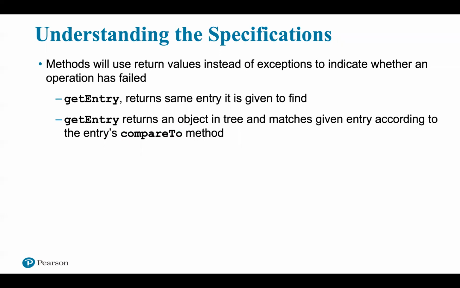The return value for a successful retrieve, add, or remove operation, however, might seem strange at first. For example, it appears that the retrieve operation getEntry returns the same entry it is given to find. In fact, getEntry returns an object that is in the tree and that matches the given entry according to the entry's compareTo method. So let's look at an example that adds entries and then retrieves them.